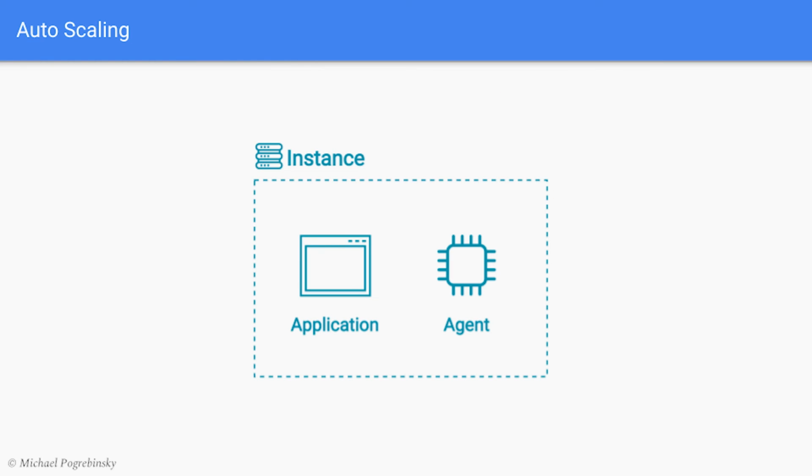Typically, every cloud computing instance, such as a physical or virtual machine, runs a few background processes called agents. Those agents collect data about the network traffic, memory consumption, or CPU utilization on each host.